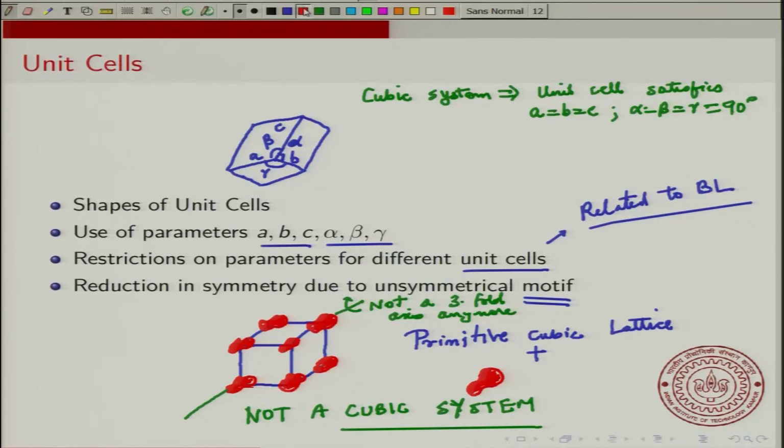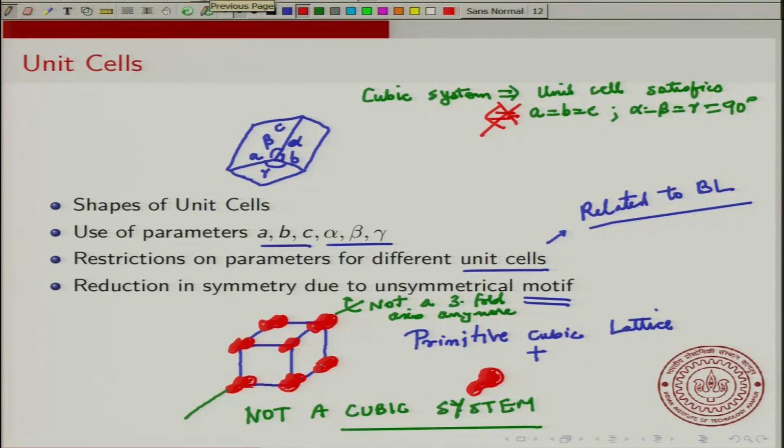Just because a unit cell satisfies A equal to B equal to C and alpha equal to beta equal to gamma equal to 90 degrees, this does not imply a cubic system. So you could have the same unit cell shape, but a very different system. That is to be kept in mind.